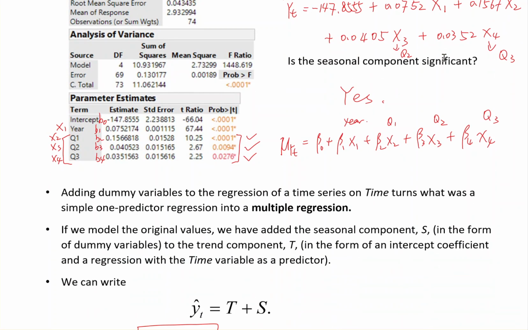Actually the first two are about the trend, and the last three here are about the seasonal component, right? When you model these two, you have a plus.